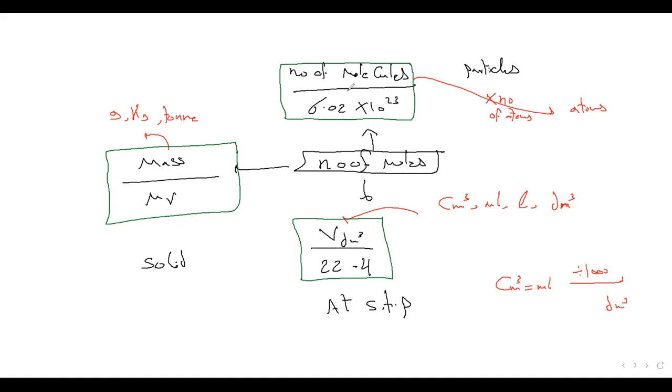If we have a mass and we need to obtain volume, or if we have a mass and we need to obtain molecules, you must know that 1 mole of any substance contains a number of molecules equal to 6.02 times 10 power 23, a volume equal to 22.4 at STP, and a mass equal to the molar mass.